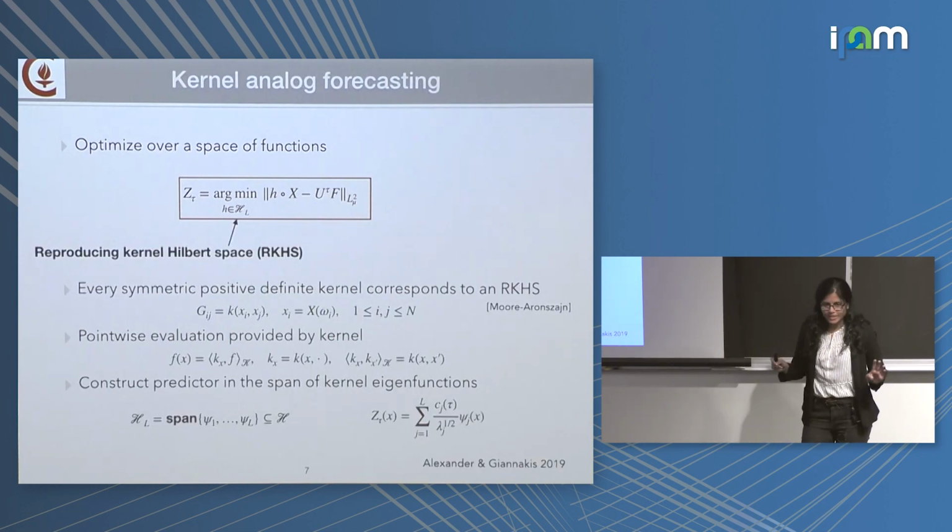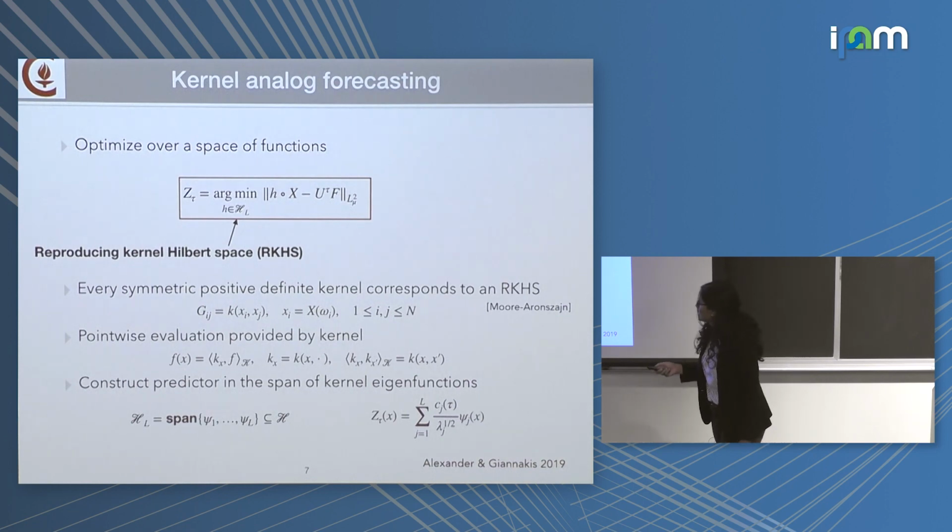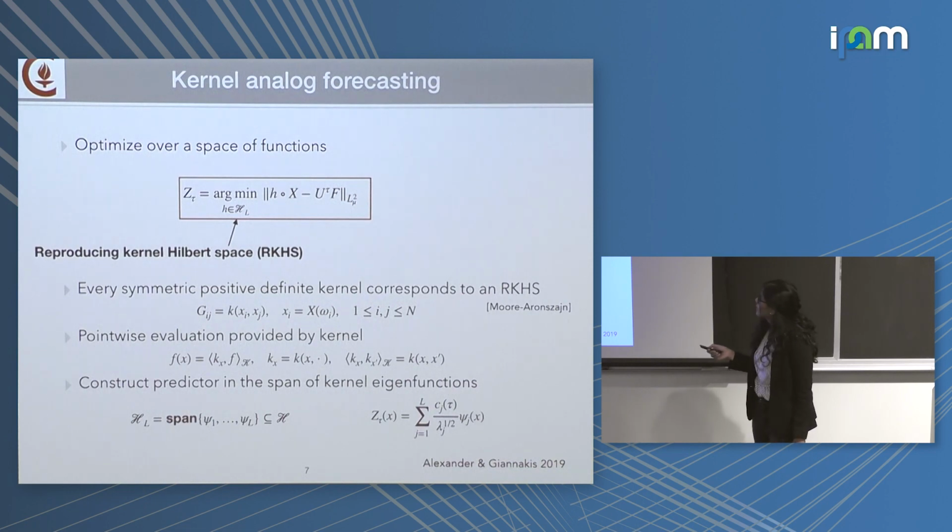So as of yet, I've kept this space of functions abstract, but now we're going to specify that H, the space we're optimizing over, lies in a reproducing kernel Hilbert space. And these have certain beneficial properties, including that every symmetric positive definite kernel function corresponds to an RKHS uniquely and vice versa.